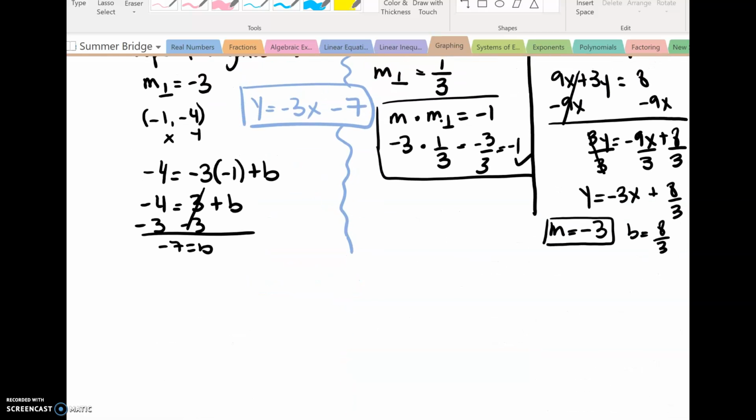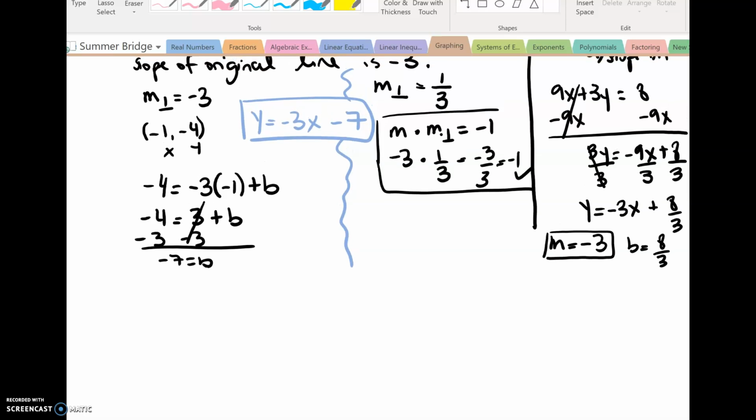Okay, so just like we did for parallel lines, I have my perpendicular slope. I know that it has to go through the same point, (-1, -4), where negative 1 is my x-coordinate and negative 4 is my y-coordinate, and now I'm just going to plug in the things that I know.